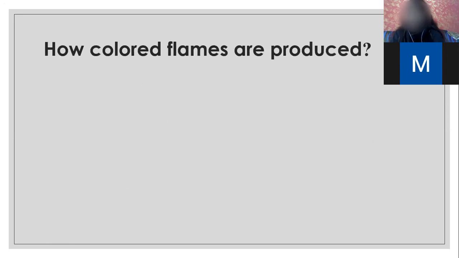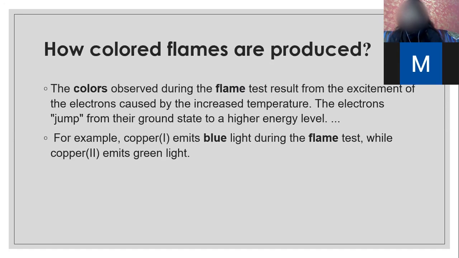Now, how are they produced? The colors that we observe during the flame test are the result of the excitement of the electrons caused by the increased temperature. When we heat any element, any material, any metal, we give them temperature, and this increased temperature causes the electrons of the metals to jump from the ground state to a higher energy level.